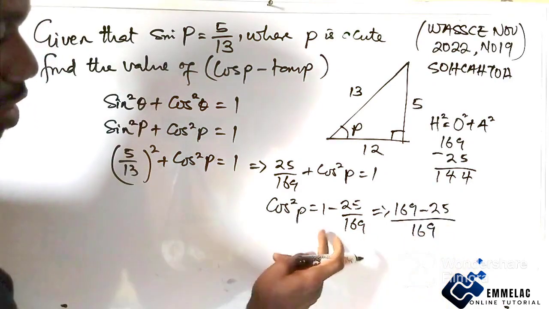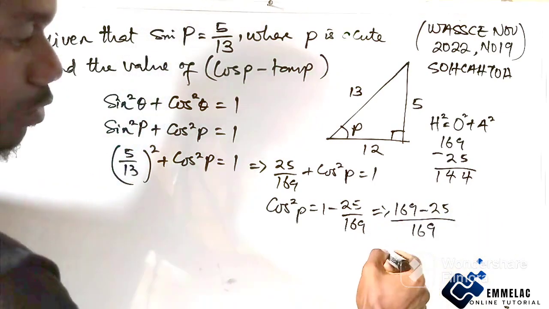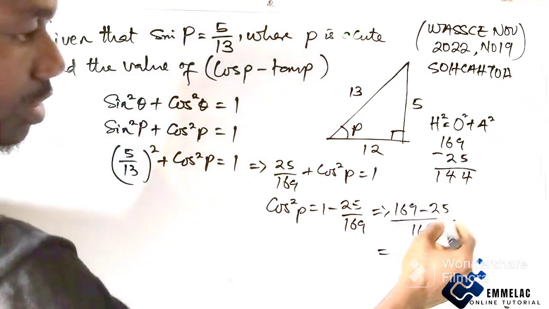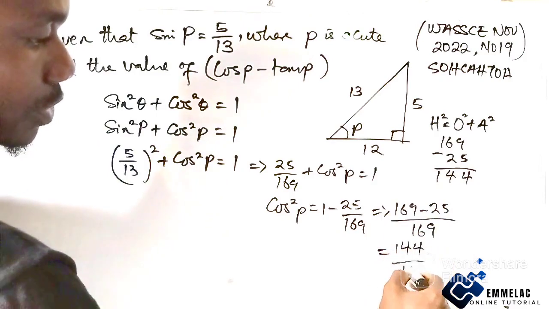You can find the LCM of 1 and 169, then simplify. So we have 169 minus 25 over 169, which gives us 144 over 169.